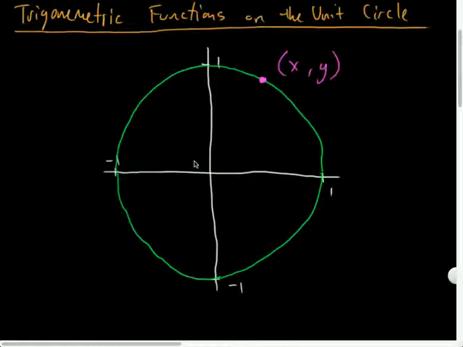And let's see, just a question, what are the possible values of x on this unit circle if this point was anywhere on the circle? What's the biggest number x could have been? 1. Right, x could have gone as far right as 1. And what's the smallest it could have been? -1. So x is just going to be bouncing back and forth between these two.